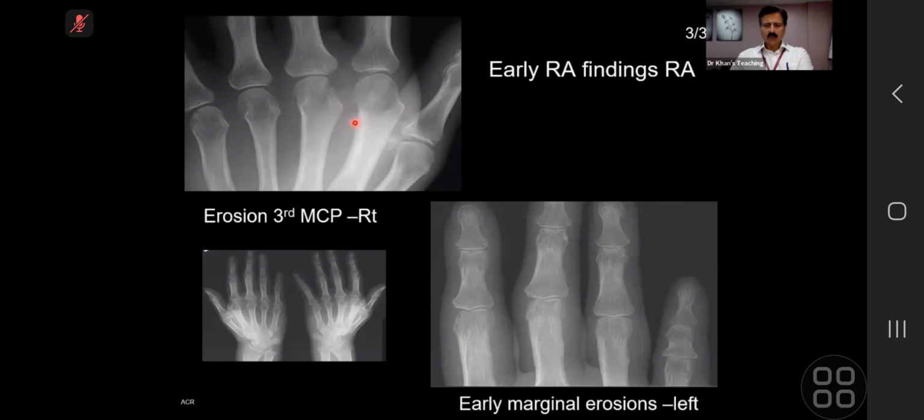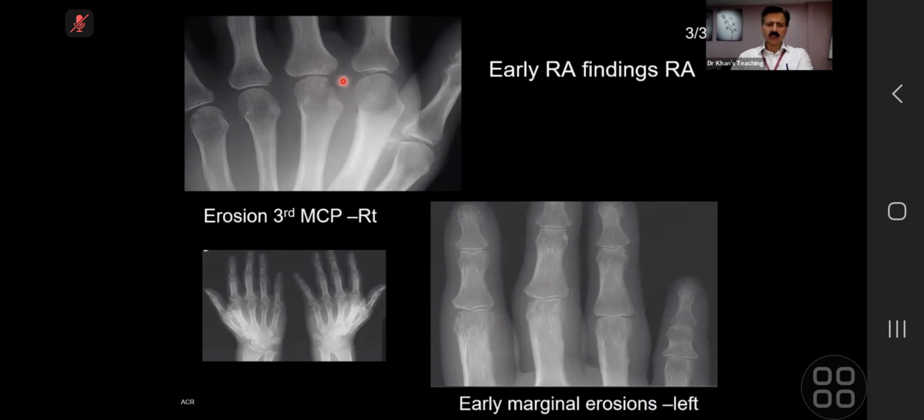Right. So the point is that in this particular case, if you just concentrate here on this joint, this is the metacarpophalangeal joint. And see the joint space here, you will agree that the joint space is slightly reduced.